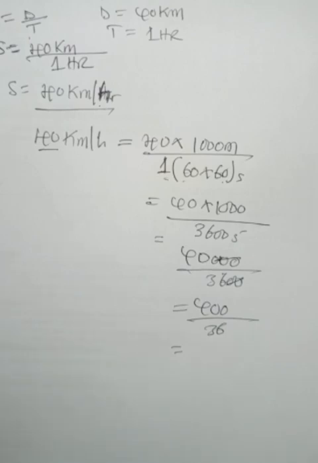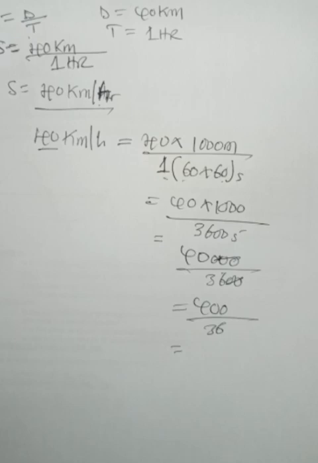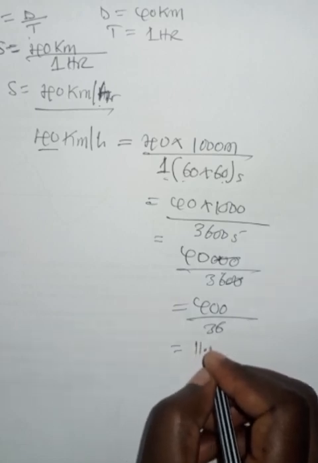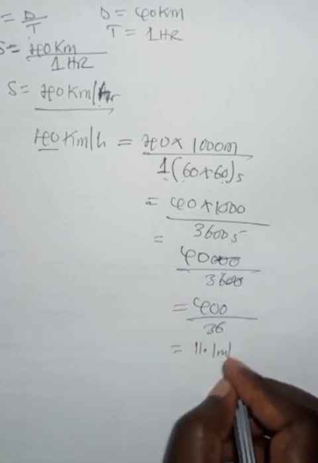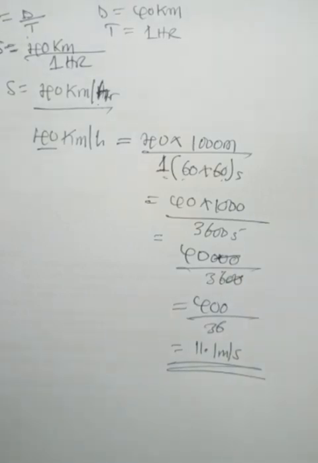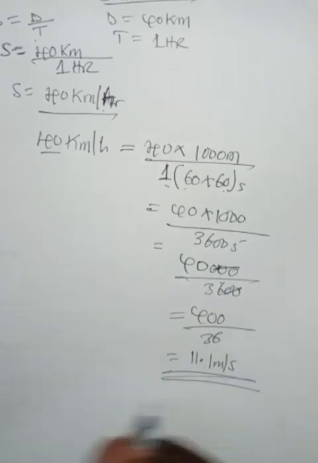If you do some division there, what you're going to get is simply 11.1 meters per second. That's what you are going to get. So that's how you convert.